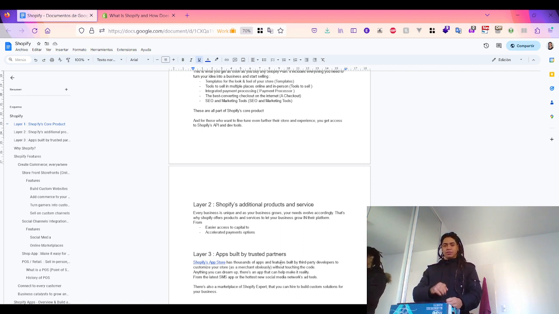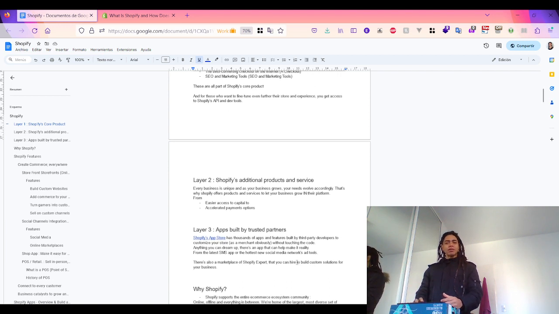Okay, now it is time to build or add extensions to your online store or to your merchant admin dashboard. And that's where developers or these trusted third-party developers come in, because now you can go with something called the Shopify App Store, similar to the Apple Store or the Google Play Store from Google, quite redundant, but from Android devices.